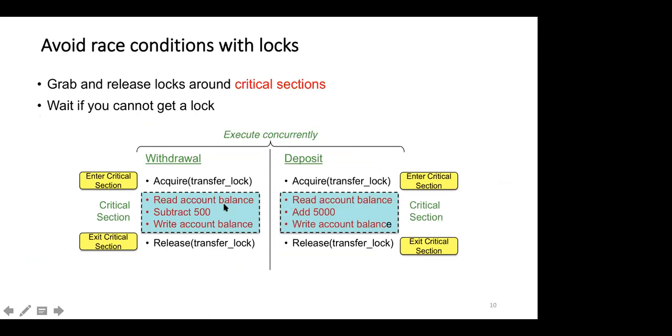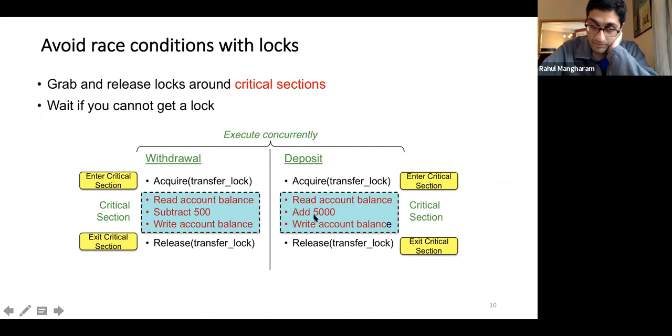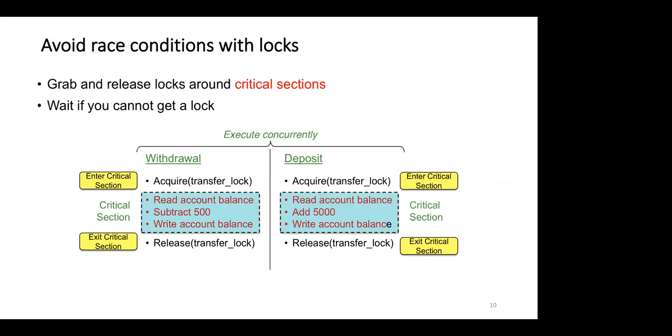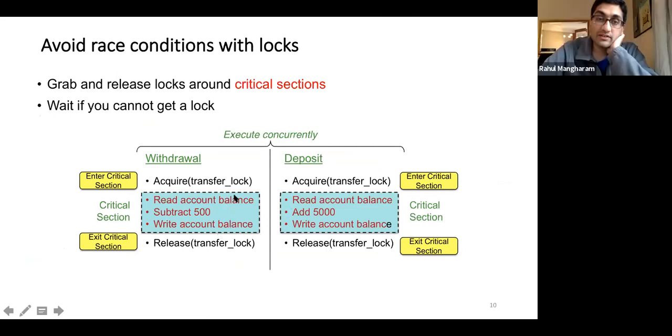You deposit it, so then it's 1,000, and then... no, I'm depositing 5,000 into the account, right? So how can I get 6,000?